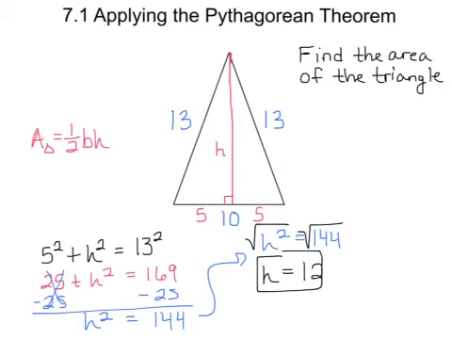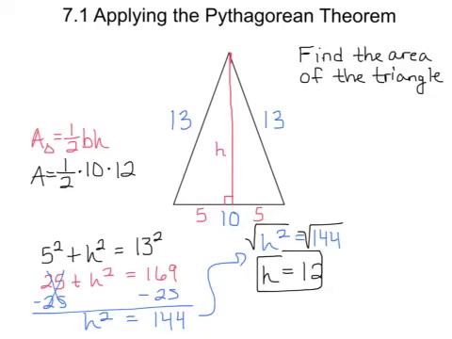We figured that out. That's the first step. But now I have to actually take this height that I just found out, and plug it into this area equation from the beginning. So the area equals 1/2 the base, which the base of the entire triangle is 10, times 10, and then I just found out that the height is 12.